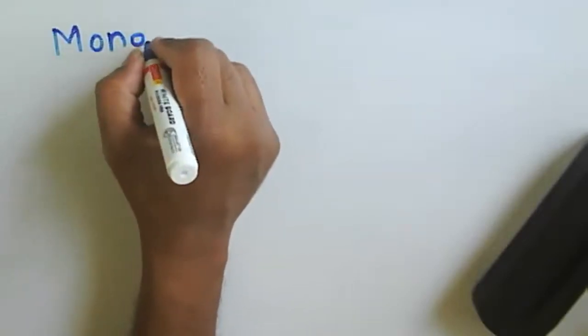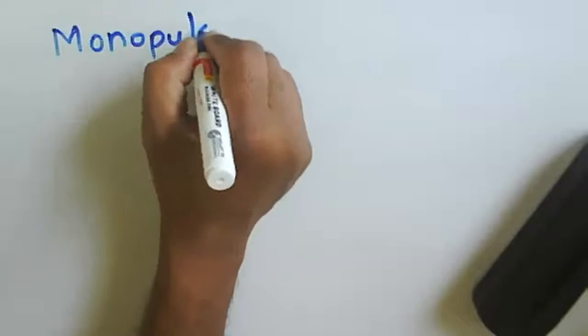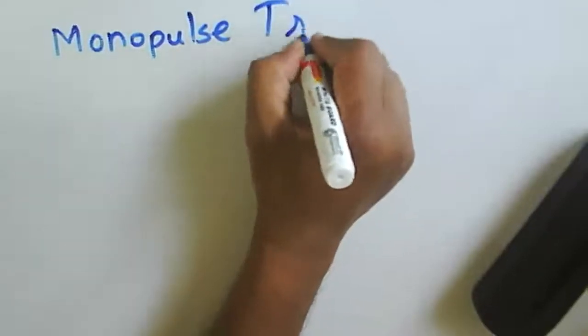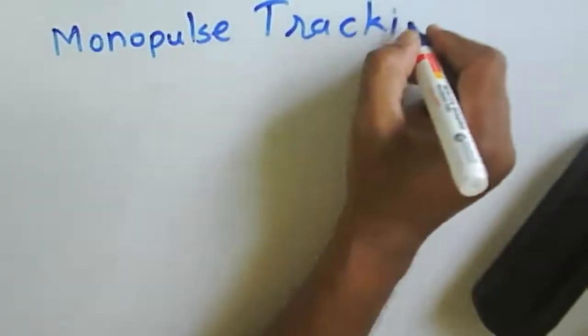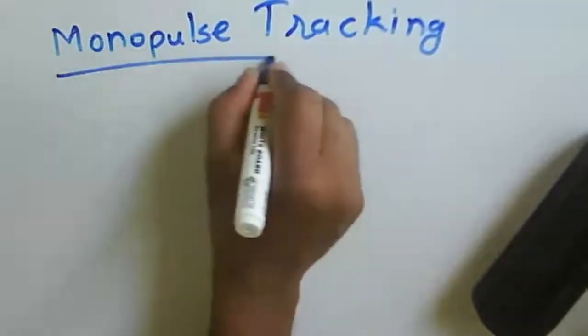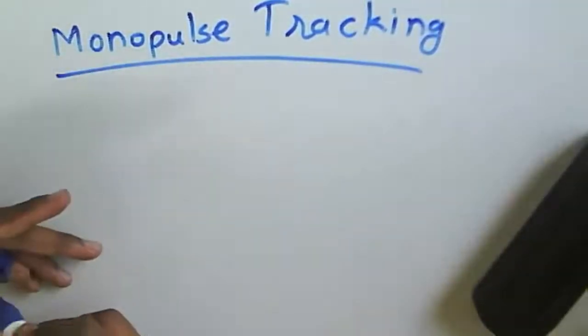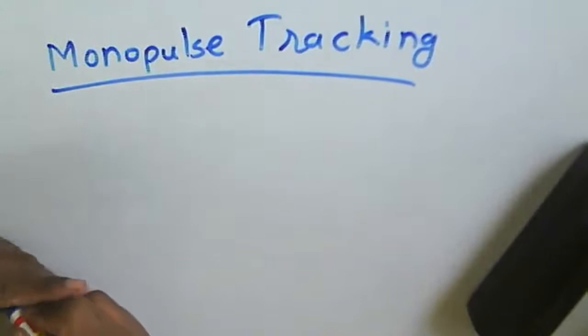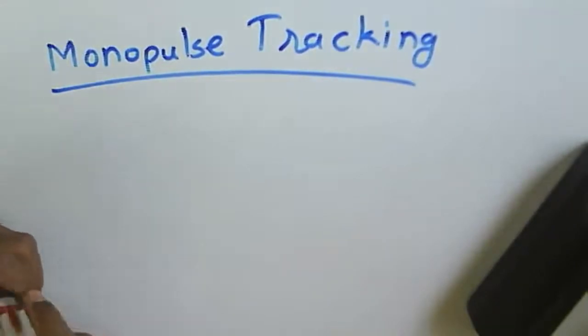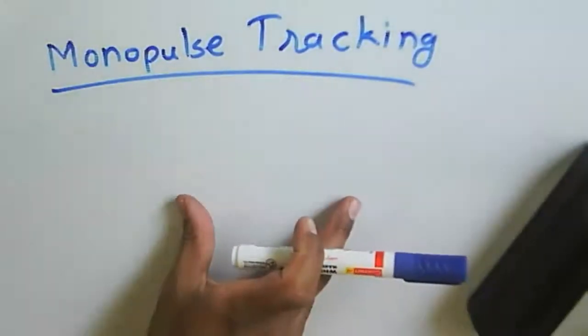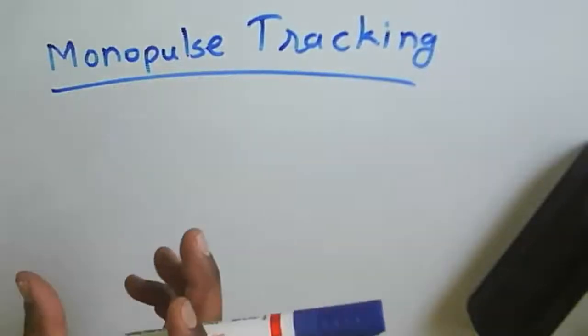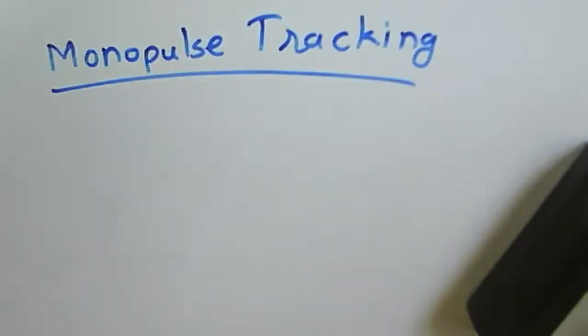So we can say it is a monopulse tracking radar. This one is called a monopulse tracking radar. In this case, we can find out the angular location of a target by comparing the signals received from the various beams.